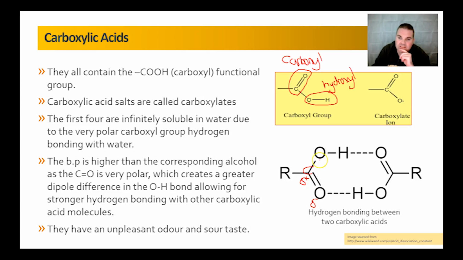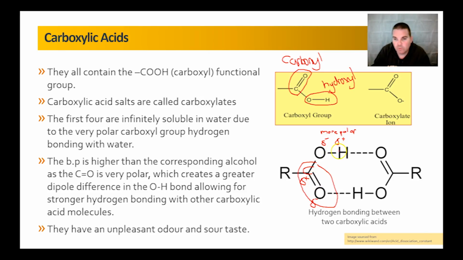So what that means is that this oxygen is going to have to draw more electron density from the hydrogen. So this delta positive here, this bond is actually more polar than you would find in the corresponding alcohol, because of this polar carbonyl group that you've got here.